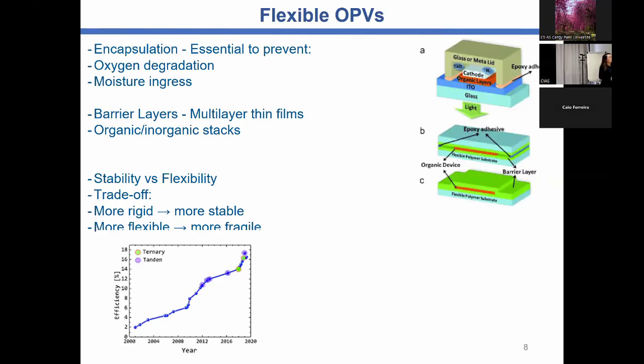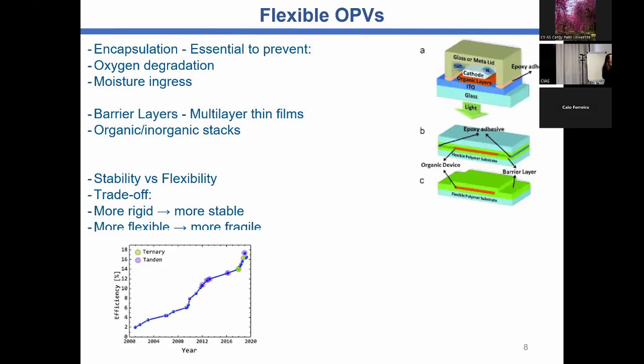So if you see here, this example, it's one device that has glass, ITO, organic layer, cathode. So we usually put an adhesive that can be epoxy based or acrylic based, and also put over the device glass or another plastic.